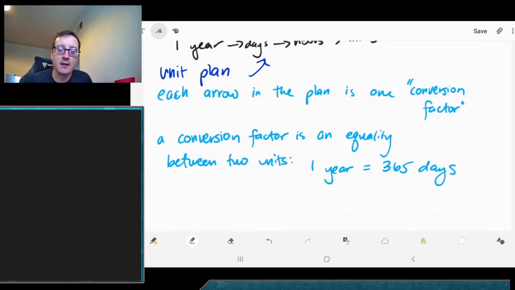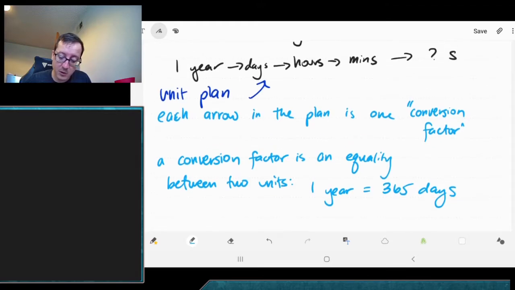Whatever. These are called conversion factors. As we approach this idea of unit conversion, we'll be using these conversion factors to go through the process. Since we already know all of these conversion factors, let's write them all out. This number 1 here was the conversion between years and days.